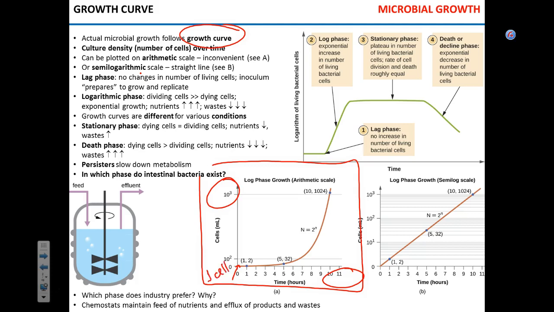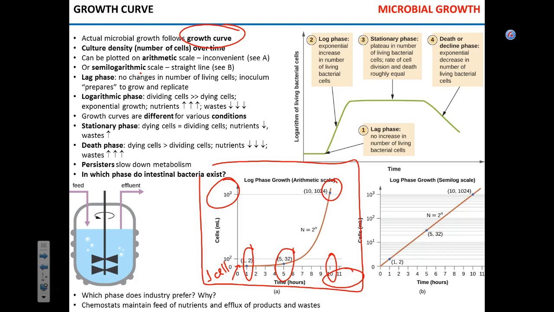How many cells are you going to have in an hour? 2. That's your 2 cells. Now in 5 hours, you're going to have 32 cells, 2 to the power of 5. And in 10 hours, you're going to have 1,024 cells.